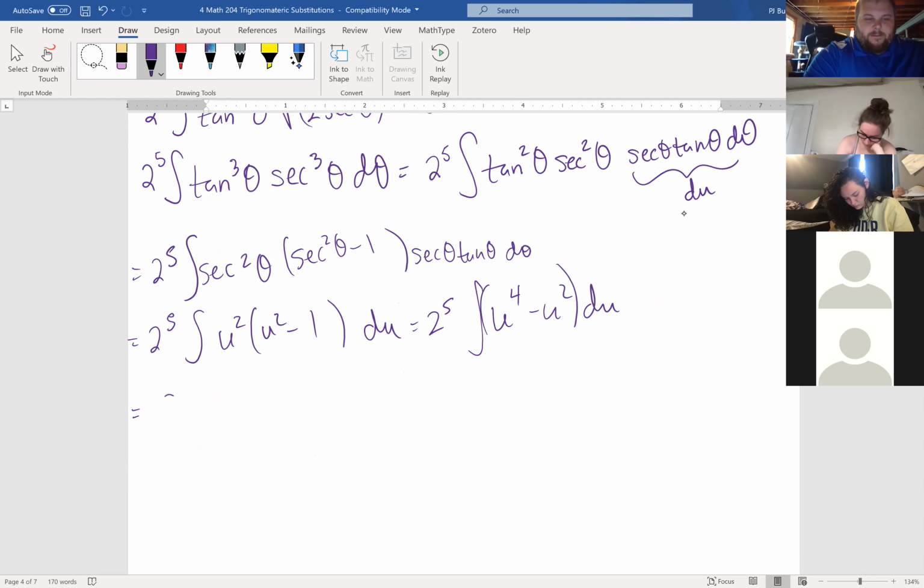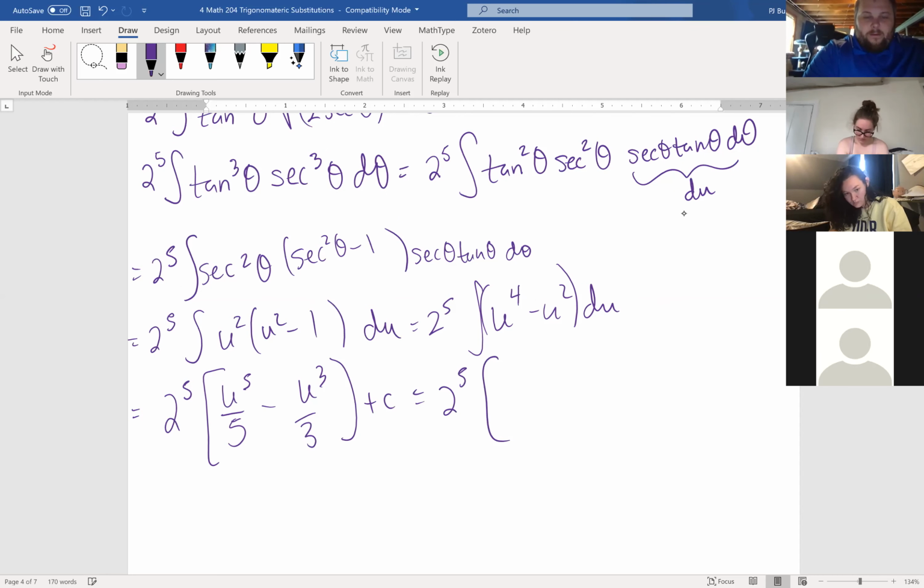Integrating, that's u to the 5th over 5 minus u cubed over 3. Plug back in. U is equal to secant of theta.